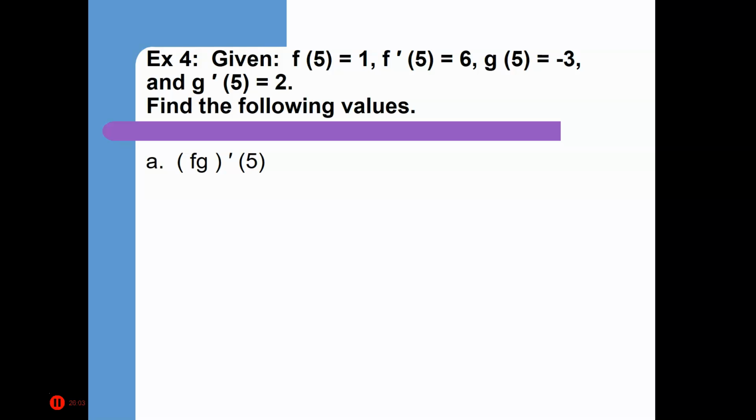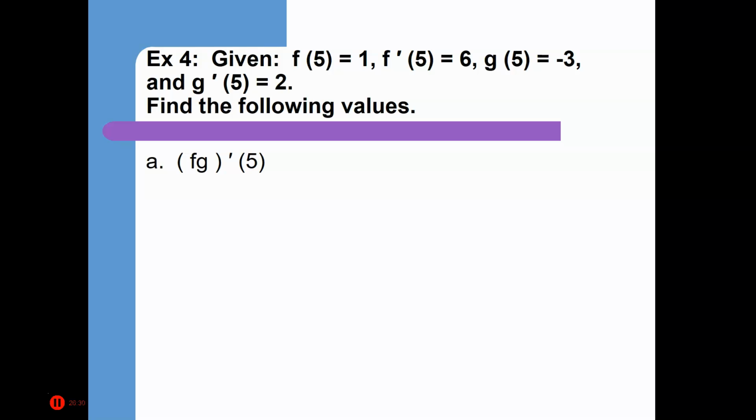So here we have the originals and the derivatives at particular points, and we're just going to apply our product and quotient rules to find the values that we're looking for. So we want to know what's the derivative value of function f times g at 5.